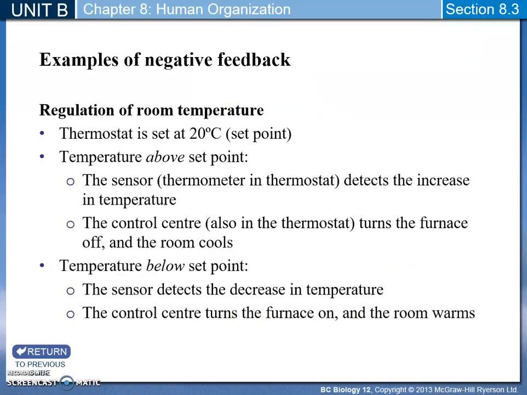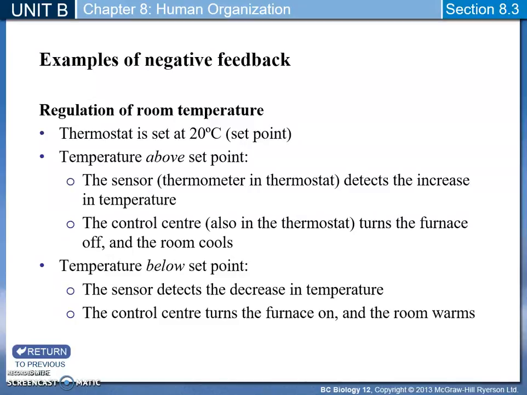So an example of a negative feedback loop is the regulation of room temperature in your home. If we set our thermostats at 20 degrees Celsius, that would be the set point in this example, which is the temperature that you want to maintain within your home.